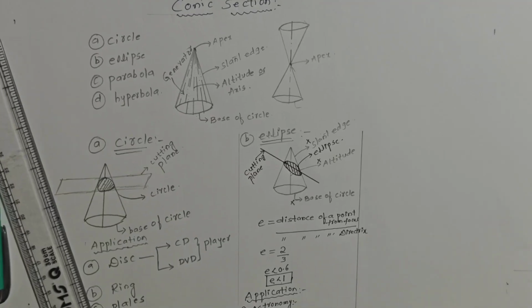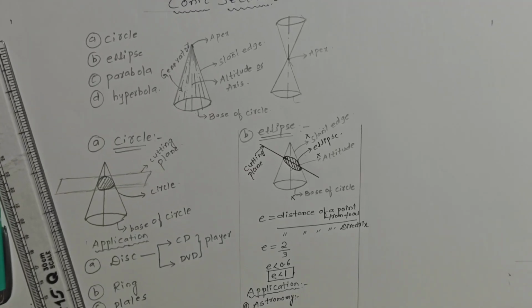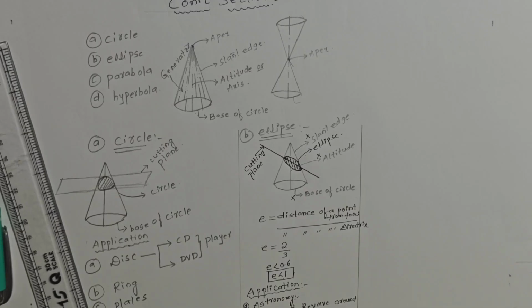How will it be? Let us see. All planets revolve around the sun in an elliptical shape or in an elliptical orbit, we can say that.